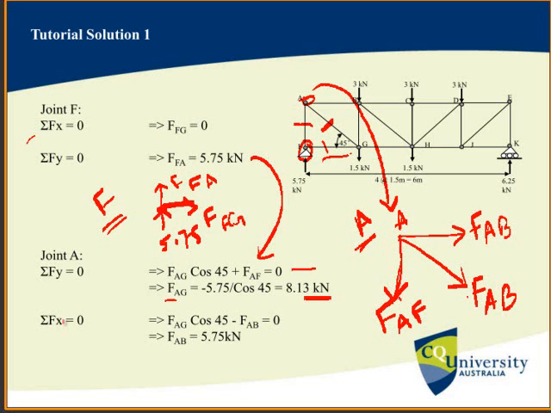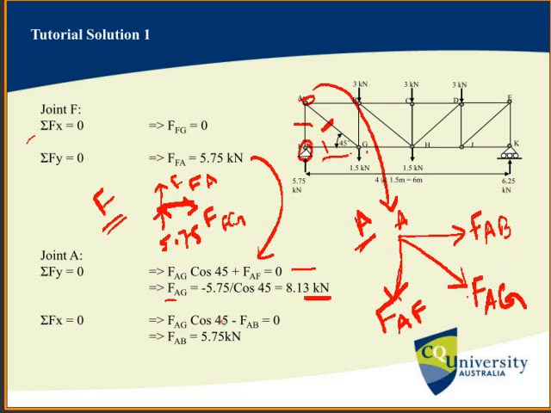So now we know the force of member FAG. Next, we have to consider our second equilibrium equation, summation of Fx equal to 0. In that case, FAG cos 45, this should be AG, because this is the G point. Okay.